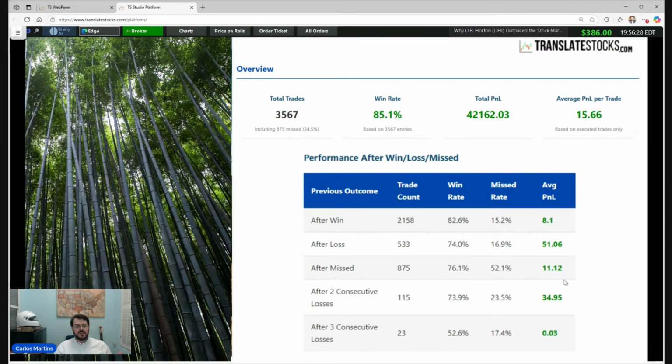The average entry actually is good because you have this statistical bias targeting your entries, your averaging down, so you have more win rates because of that. The missed rate is still on average between 15 and 20%.